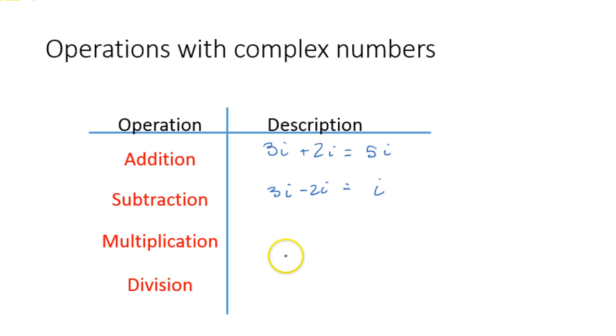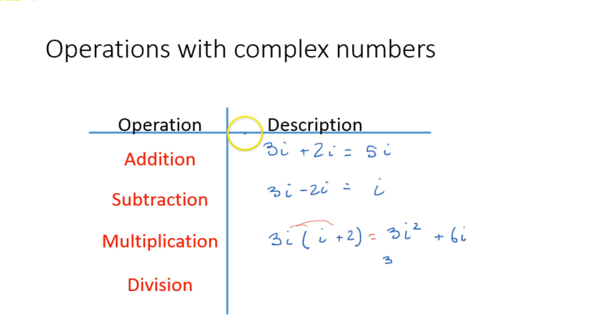Same deal here. For multiplication, let's give it an example like 3i times i plus 2. Again, we're going to have to distribute to both terms inside our parentheses, or our binomial. We actually get 3i squared plus 6i. But if we recall, i squared is equal to negative 1.